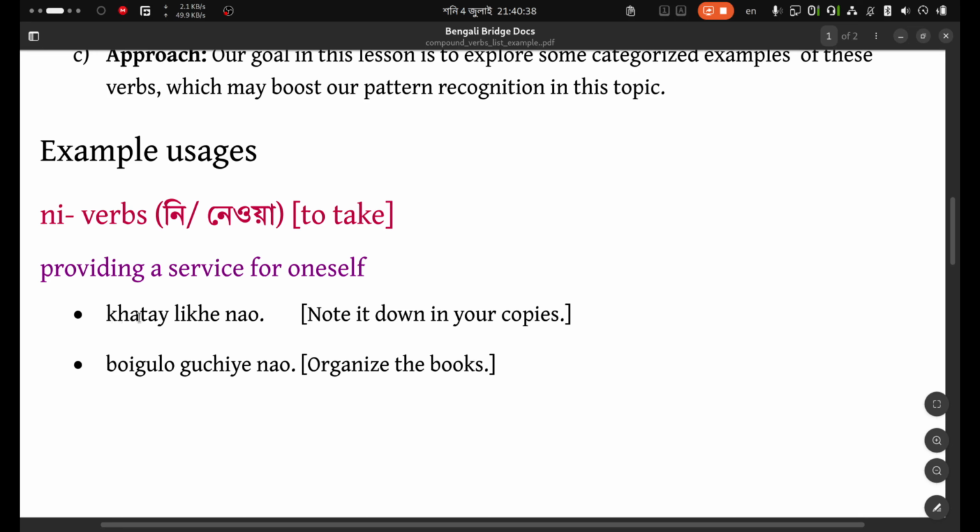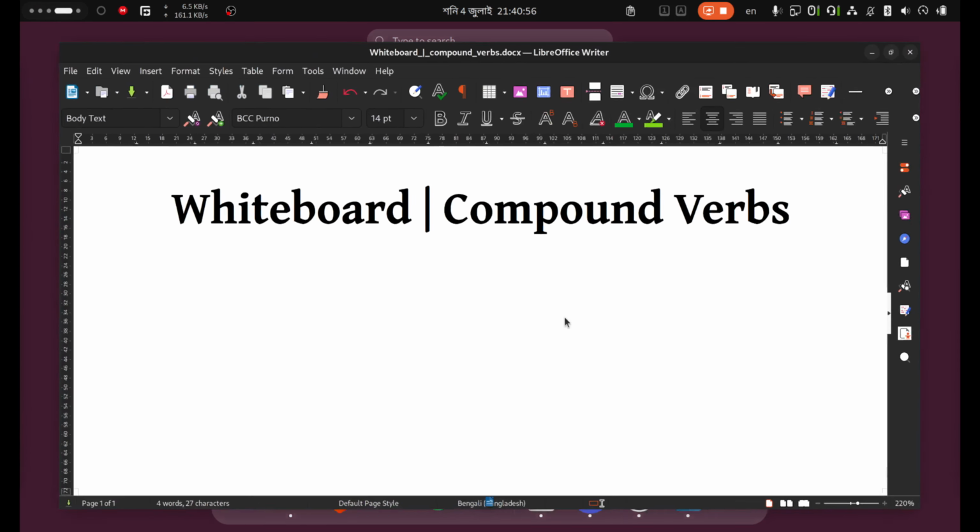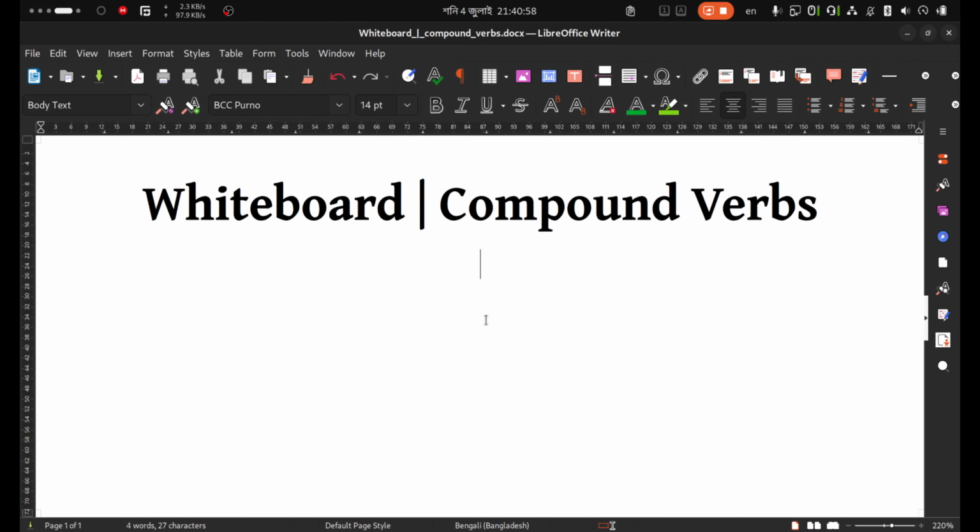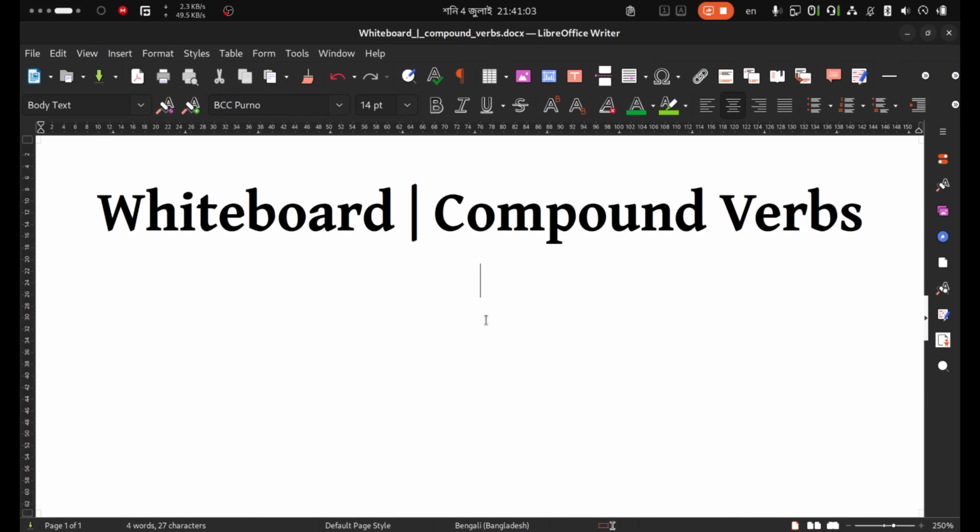First example is khataye likhe nao. Khata means copy or notebook. Khataye likhe nao would mean note it down in your copies. I could have said, let me go to the whiteboard, I could have written khataye lekho.